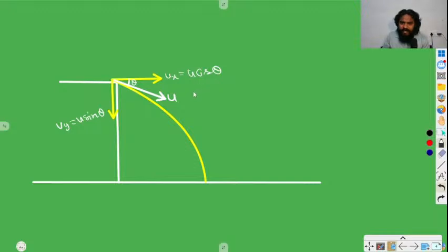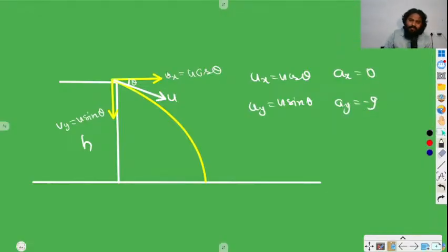Yes, and then next, what are the physical quantities they ask? If you want to find out how much time, this is h height, right? If you want to find out the time, first of all you have to know one thing: ux is equal to u cos theta, uy is equal to u sin theta, and ax is equal to 0, ay is equal to g. No need for minus g here, because you are projecting along the right downwards, right?